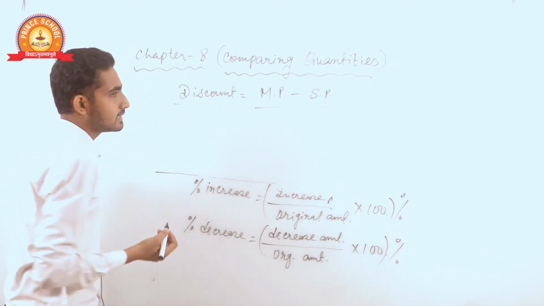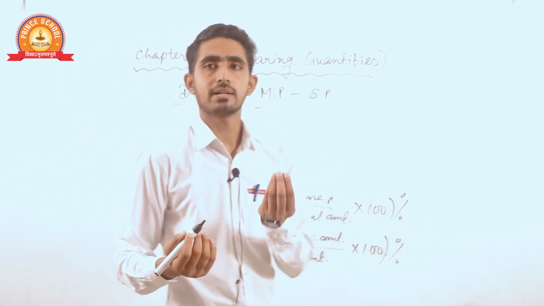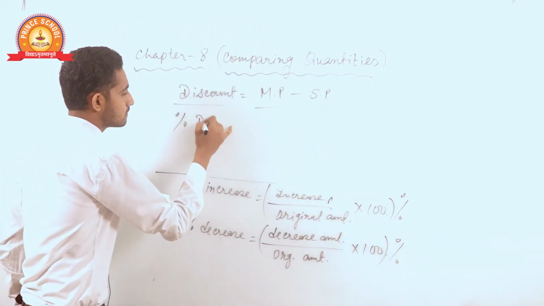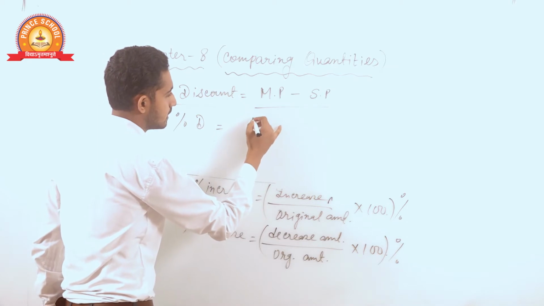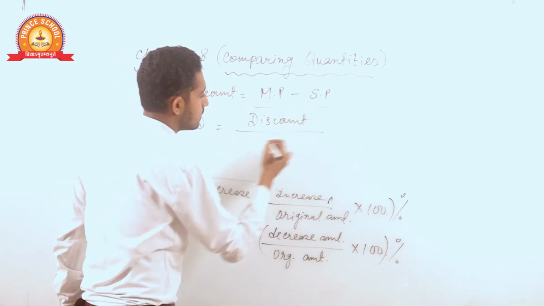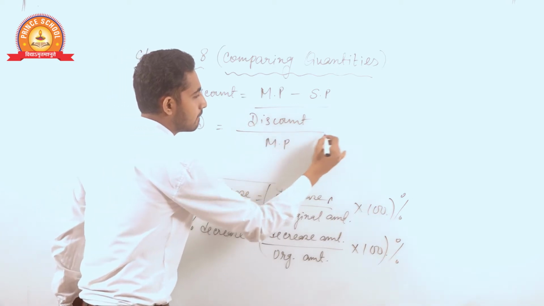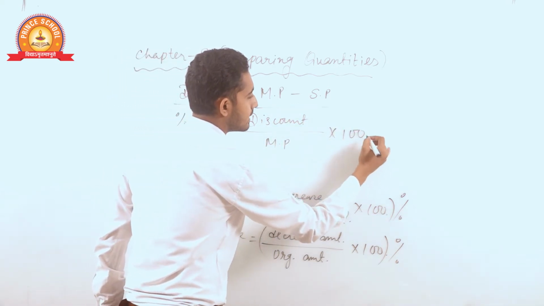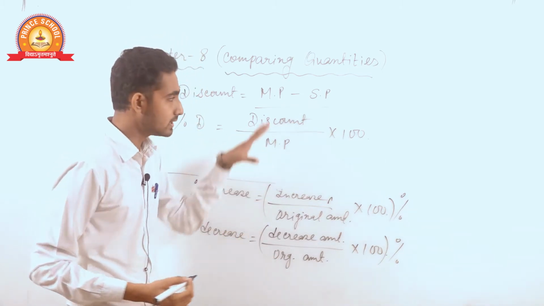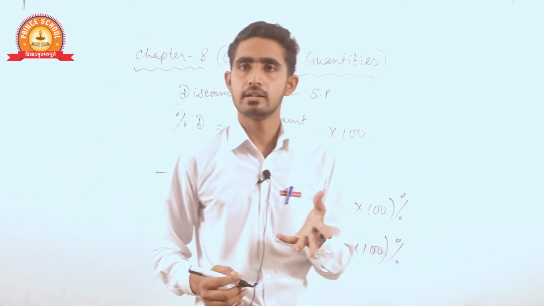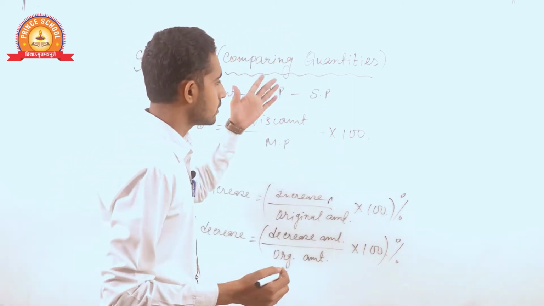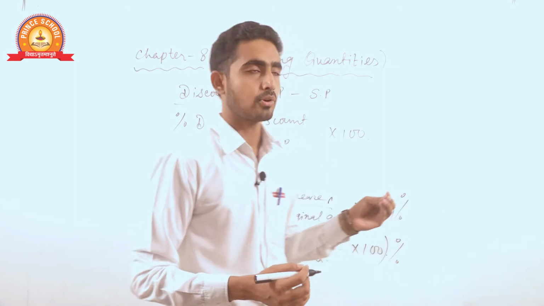And if in some questions they say percentage of discount, then percentage of discount is equal to discount upon mark price multiply by 100. That is the formula of percentage of decrease. So, all these formulas are very important. When you solve these questions, exercise 8.2, all these formulas are very important.